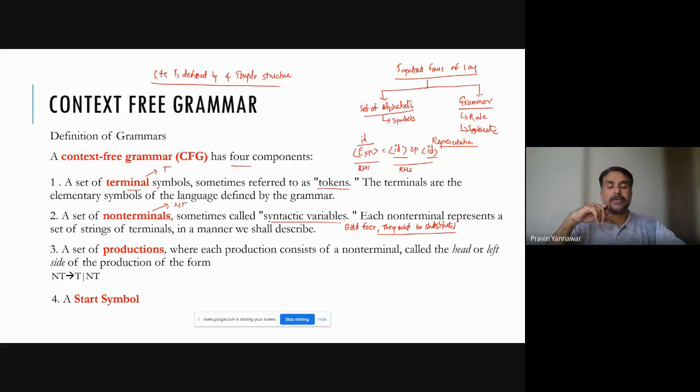Okay, and the next important thing is the production. Okay, so what is a production? Production here refers to the rule. In short, production refers to a rule, and this rule is composed using terminals and non-terminals. So this can be written as a non-terminal producing either a terminal or a non-terminal. Okay, so this is the rule. Each production consists of a non-terminal called the head, which is at the left side.